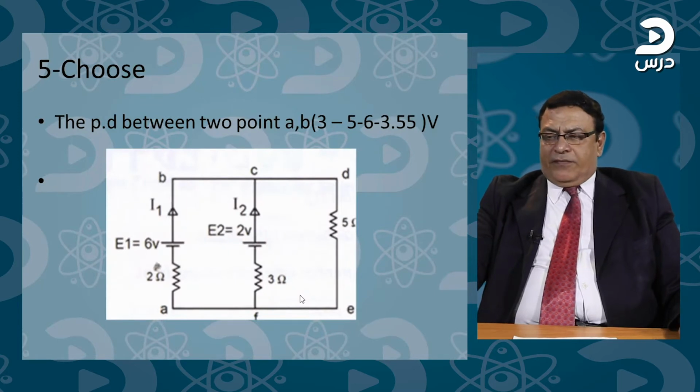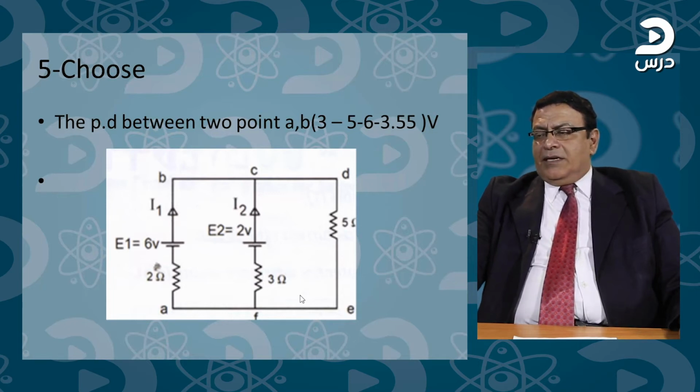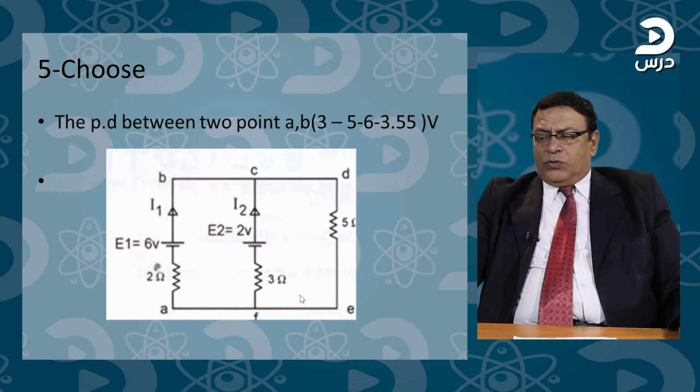Question number 5. The potential difference between 2 points A and B: 3 or 5 or 6 or 3.55 volt. ومديني الدياجرام between A and B EMF 6 volt, current pass I1 in resistance 2 ohm, and between E and F, E2 2 volt and I2 pass in 3 ohm.